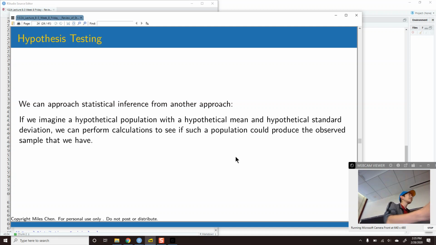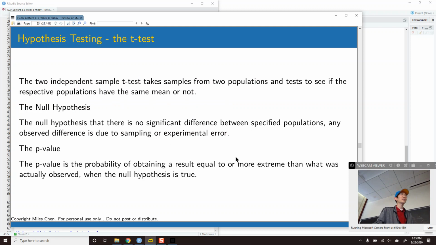You're aliens from another world and you think the average height of a human is 8 feet tall, and you visit Earth and see this classroom where no one is 8 feet tall, and you go, well, could this just be a weird random sample? And then we would say, no, the probability of this happening just from random chance is too small. Therefore, my hypothesis about humans having an average height of 8 feet is wrong.